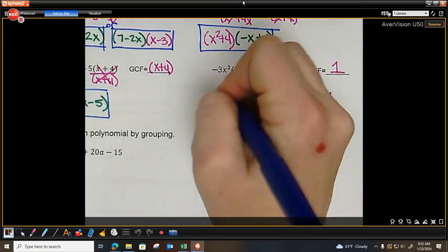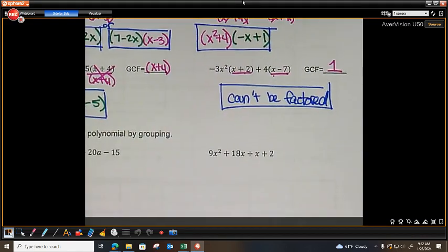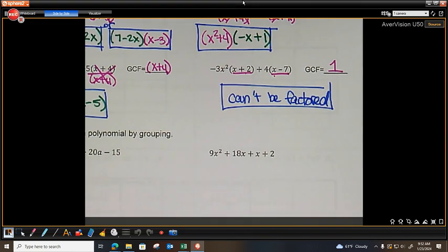Now, if we are doing a whole entire unit over factoring, do you think it's going to be very common that we can't factor? Wouldn't that make life so easy? If I said factor this and you're like, oh, it can't be factored. Factor this, oh, can't be factored.